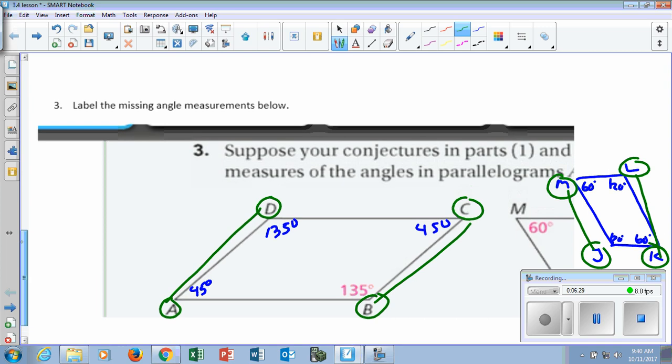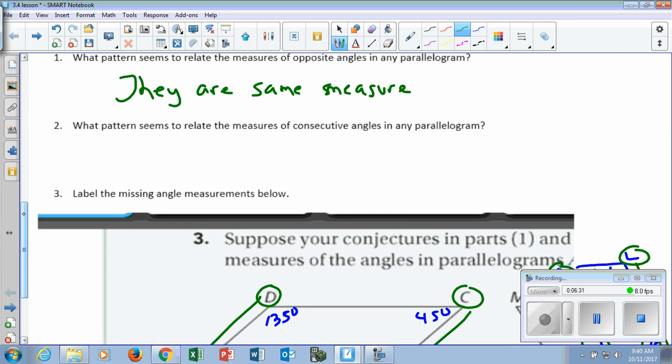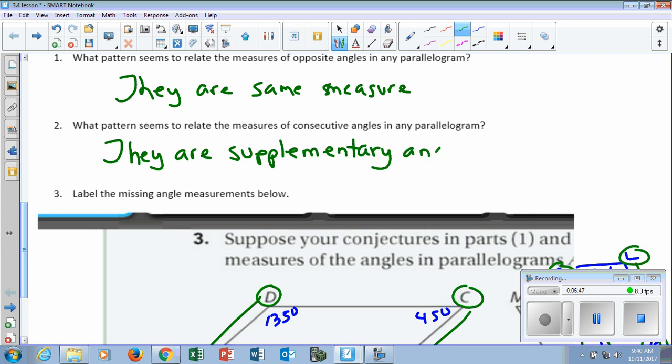So they equal 180. So that means they're called what? If they add up to 180, they're supplementary angles. Supplementary. Good.